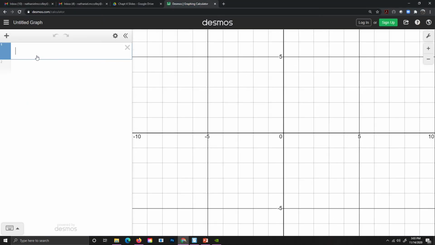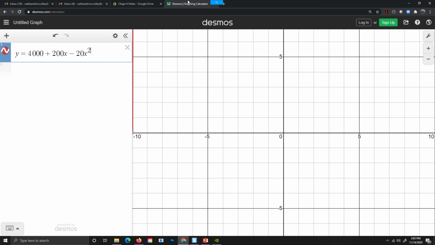So let's go back to Desmos. Let's type that equation in. Let's go y equals 4,000 plus 200x minus 20x squared.